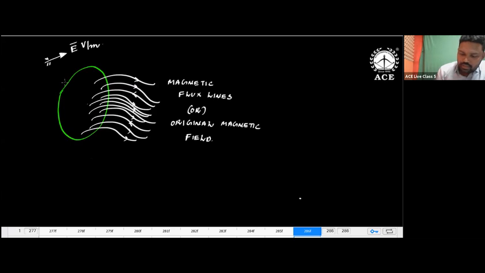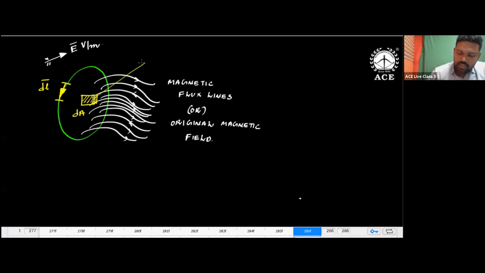Now let us consider the loop direction in this way. Here the loop direction is dl. Now let us consider a small piece of area here. The area is dA, beta. If I put my fingers in the direction of the loop, my thumb will show the direction of the normal.